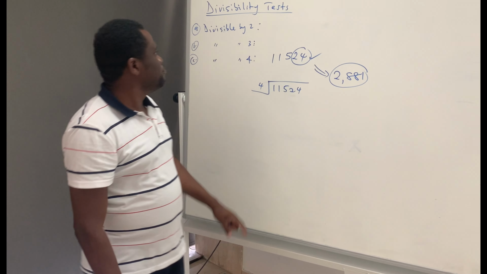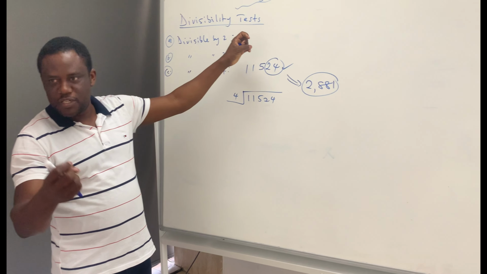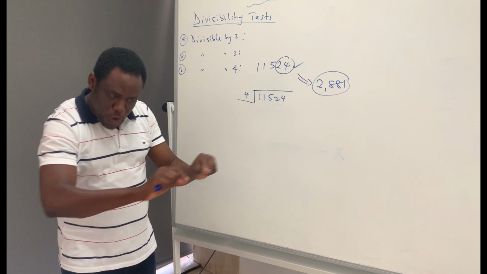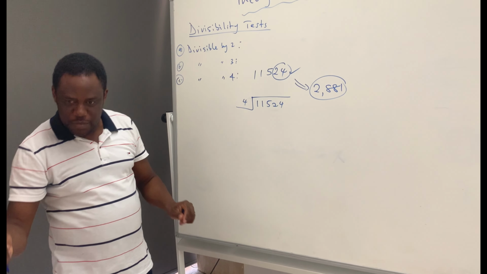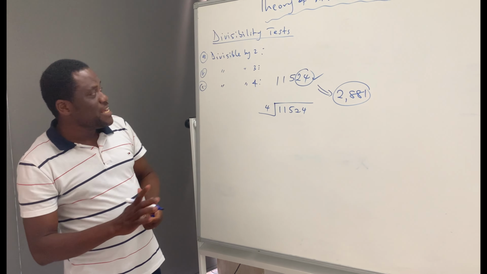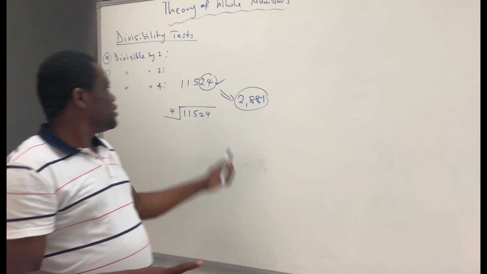Please take note. Divisible by 2, it must end in 0, 2, 4, 6, 8. Divisible by 3, the sum of the digits must be able to divide by 3. For 4, the last 2 digits must be able to divide by 4.